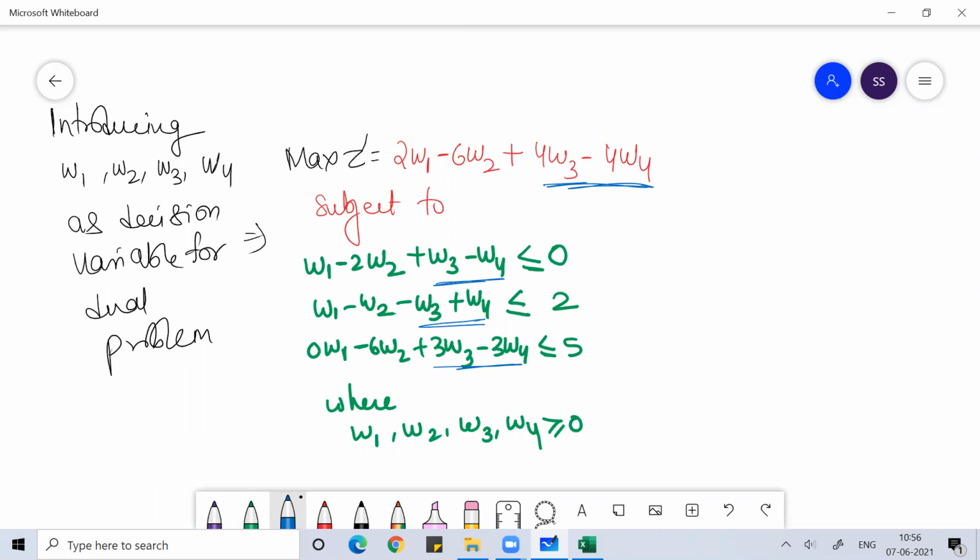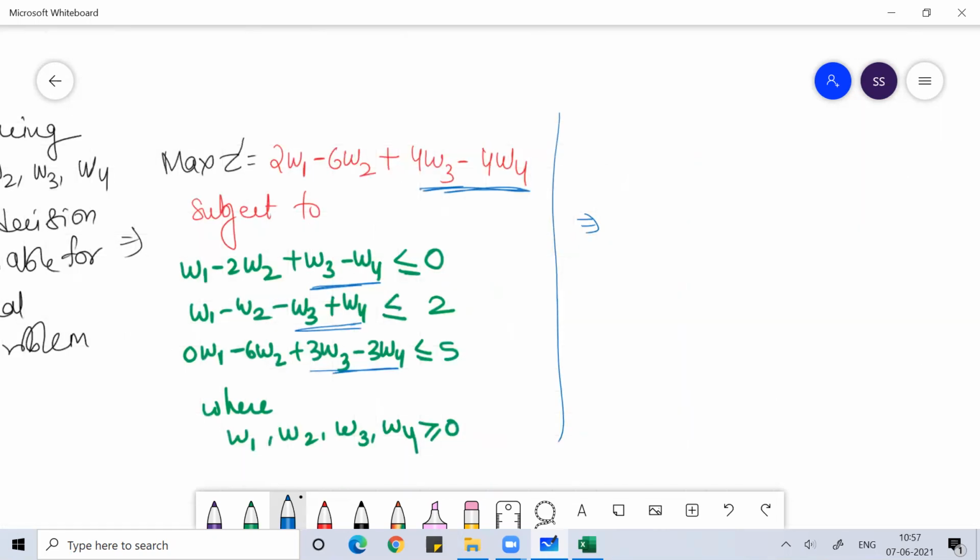So what you can do, instead of W3 minus W4, you can write any other variable, which you can make much simpler, that we call as unrestricted. The same you could have written here, maxima of Z dash is equal to 2W1 minus 6W2 plus 4W5. Suppose I introduce a variable called W5.